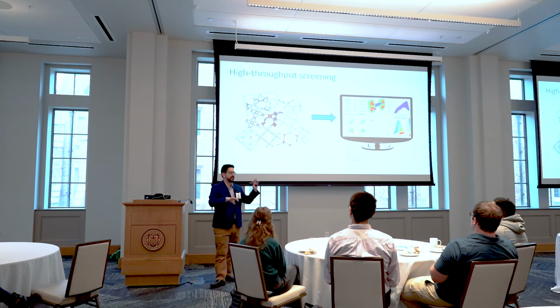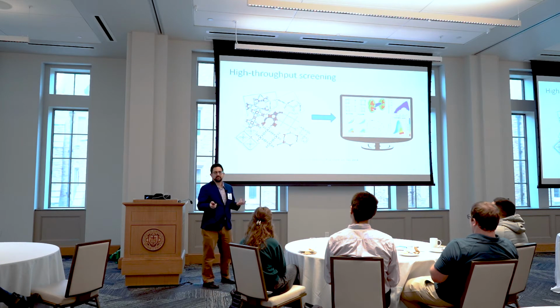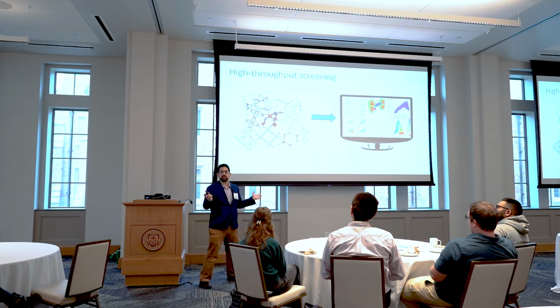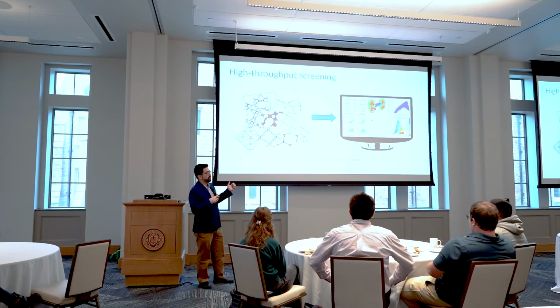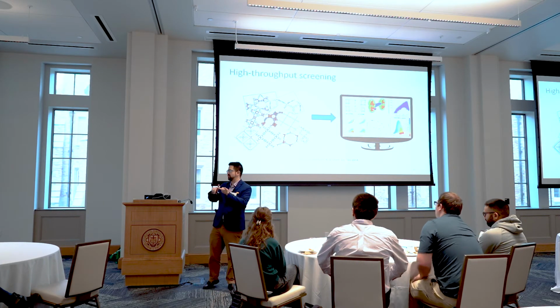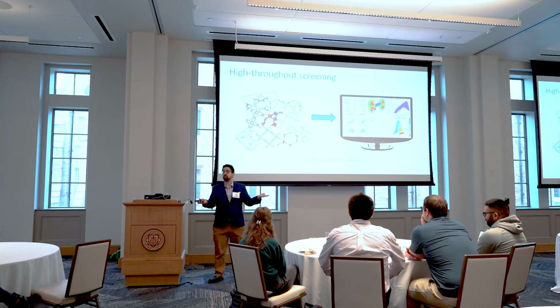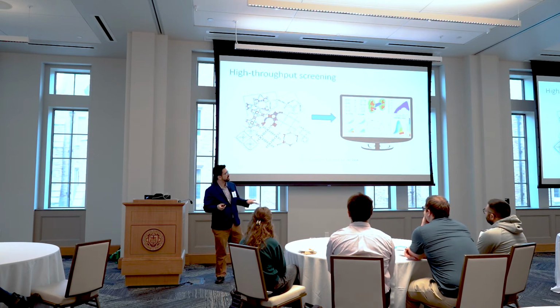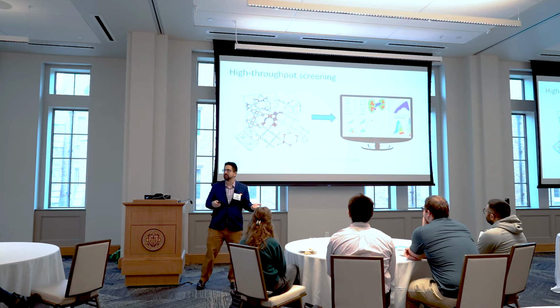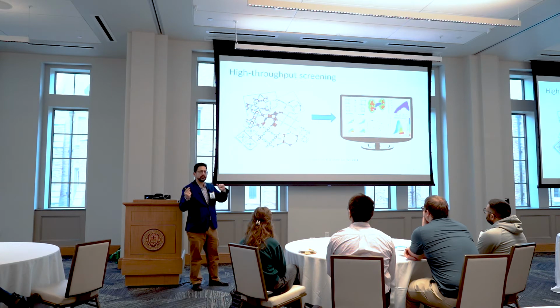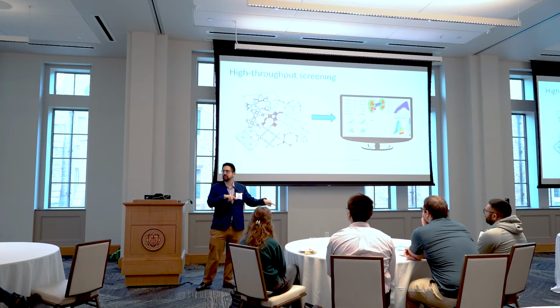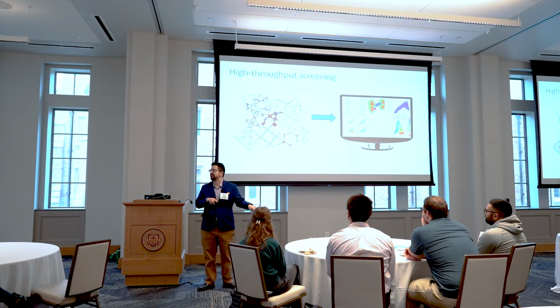Combining inorganic nodes and organic linkers, we can be smart about it and use algorithms that generate very large libraries of these structures. But then we need to characterize them. What are their physical properties? What is their pore size? What is their surface area? Are there exposed metals, things like that? And then can we quickly evaluate them for the particular applications that we have in mind?